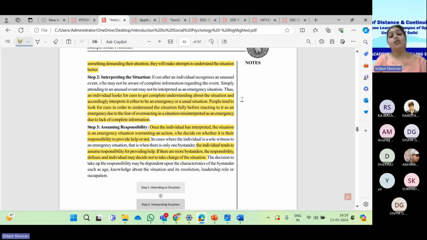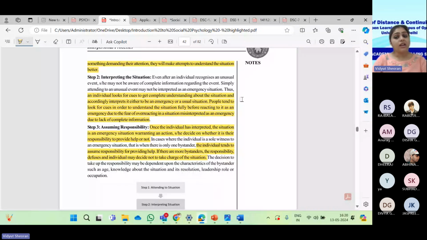Then comes assuming of responsibility. If someone is in an emergency, who is ready to take the responsibility of that victim who is in an emergency? So many people are standing in a crowd at an accident, but no one wants to take responsibility. They don't want to be blamed later.